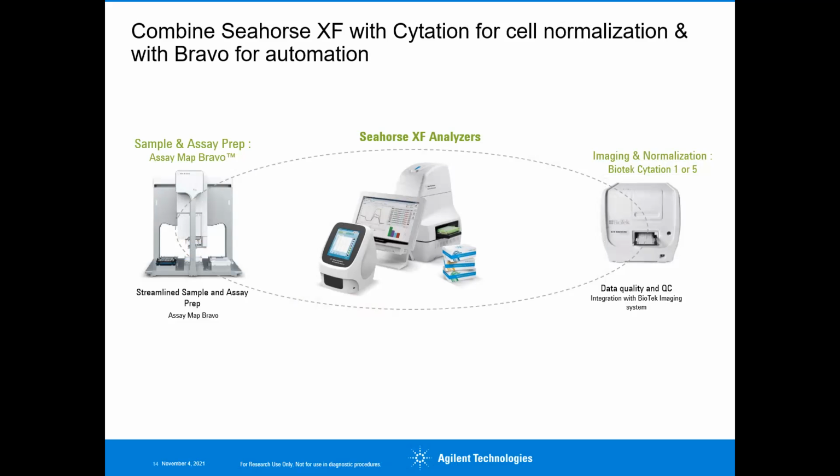And then when you're looking at cell counts and you want to use cell count for normalization, which is a very highly recommended way of doing normalization, you would stain your cells and then put it back into the Cytation instrument at the end of your assay, and that will give you an accurate cell count because it uses a Hoechst dye to stain the nuclei, and that data is fed and controlled all by the Seahorse software so that you can get the normalization data included.